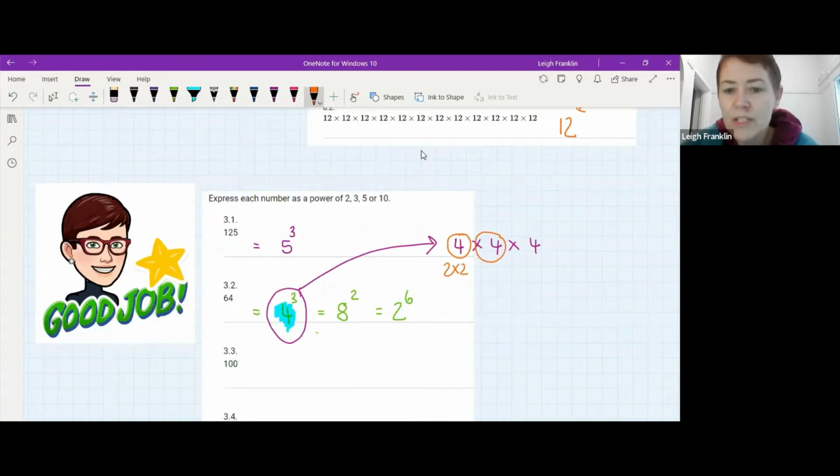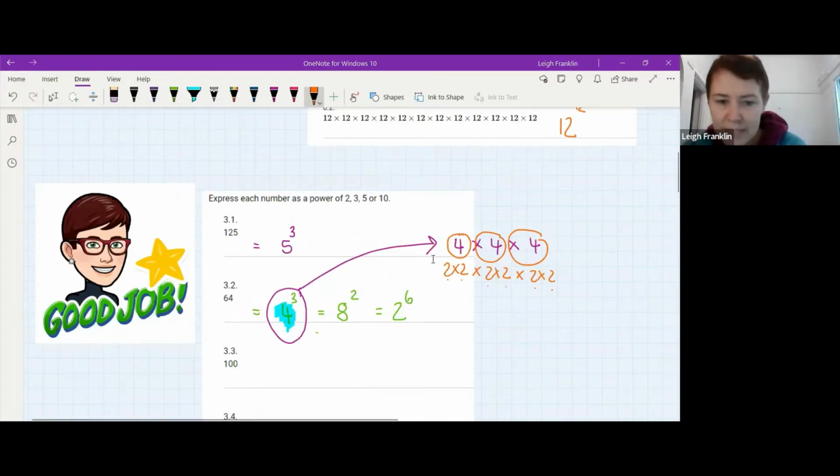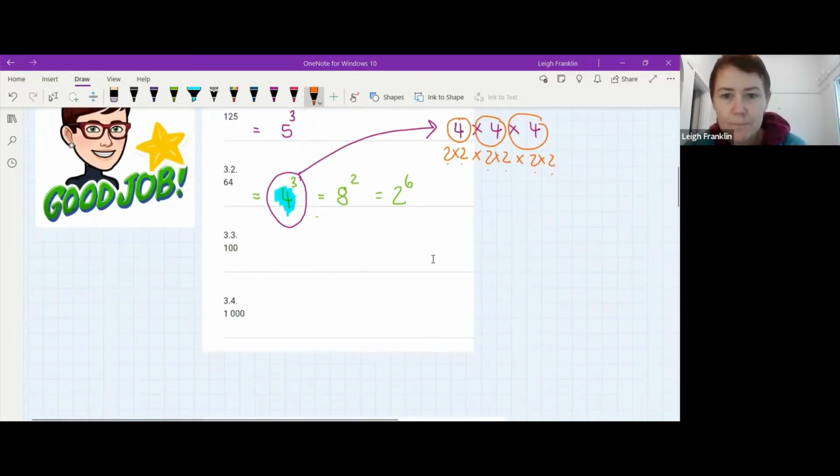And this 4 over here would be times another 2 by 2. And this 4 over here would be times another 2 by another 2. So how many times am I multiplying 2 by itself? I can count them. 1, 2, 3, 4, 5, 6. So I can write it as 2 to the power of 6 as well. Does that make sense to everybody?